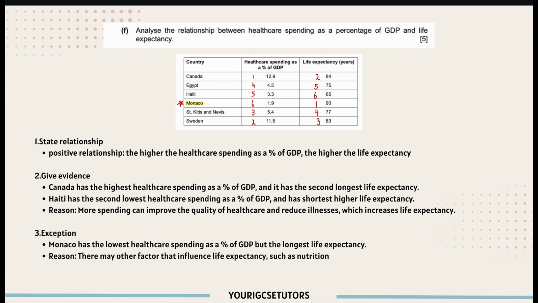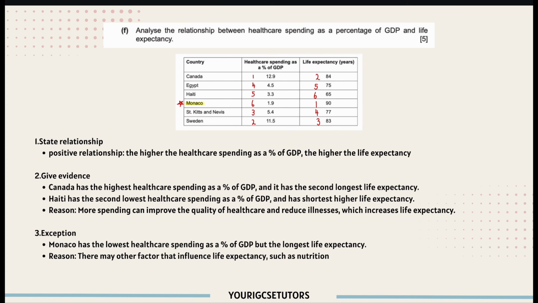Question F. Analyze the relationship between healthcare spending as a percentage of GDP and life expectancy. So for this 5-mark question, you need to take from the diagram here. So the first step I will do is to analyze the overall pattern, the overall relationship.